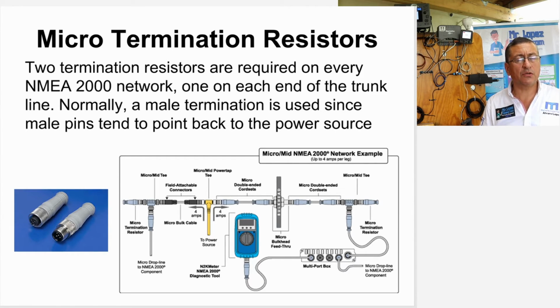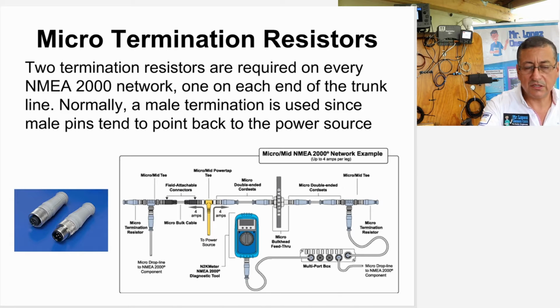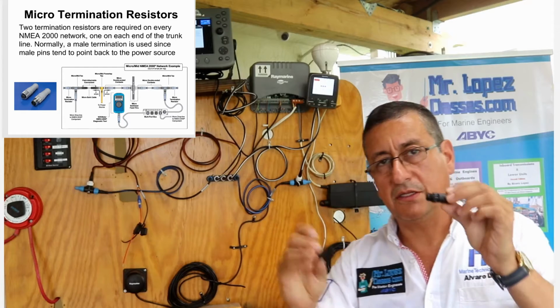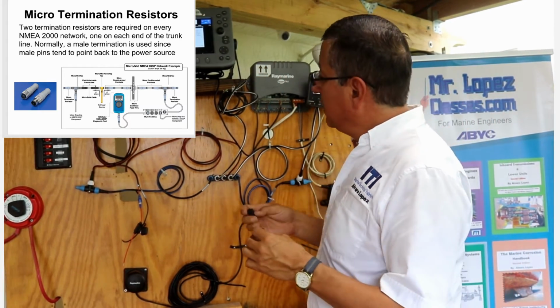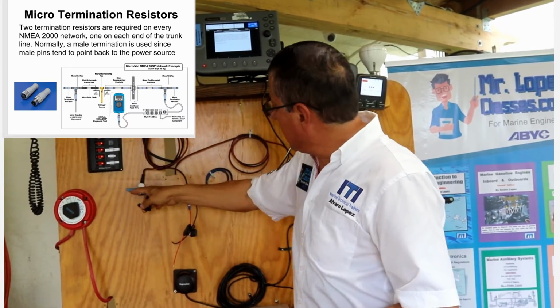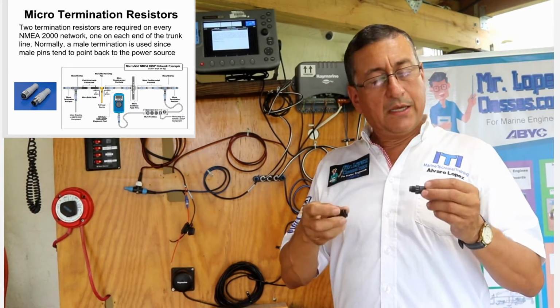Normally, a male resistor is used since male pins tend to point back to the power source. Yeah, these are the typical terminal resistors. Those terminal resistors should be located at the end of the backbone, and it is mandatory.